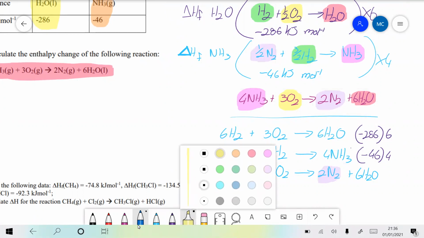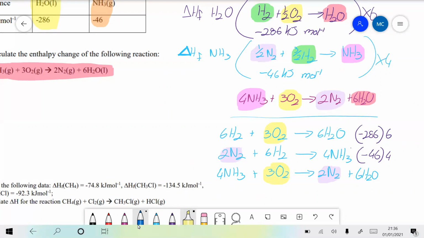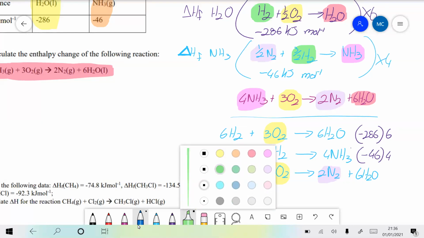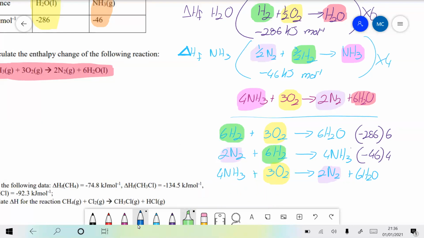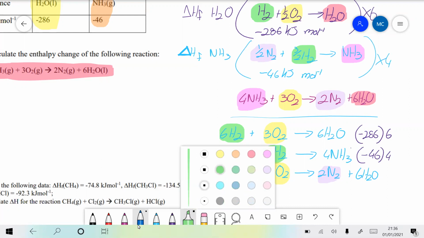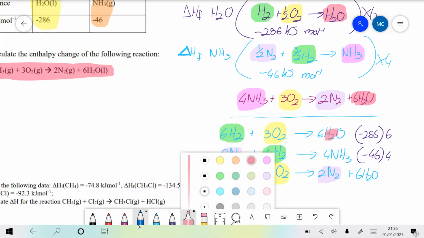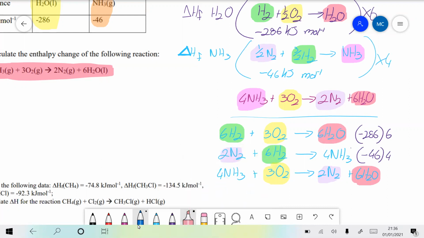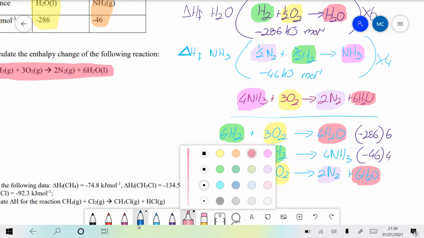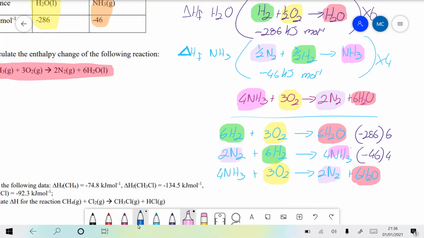We have 3 oxygens, 3 oxygens. We have 6 hydrogens, 6 hydrogens. We have 6 waters and 6 waters. And we also have 4 NH3s and 4 NH3s.